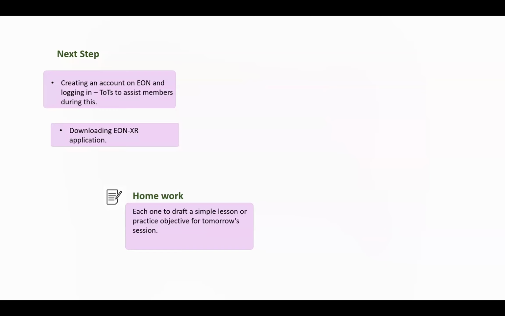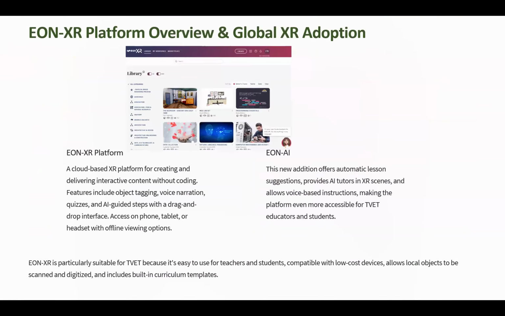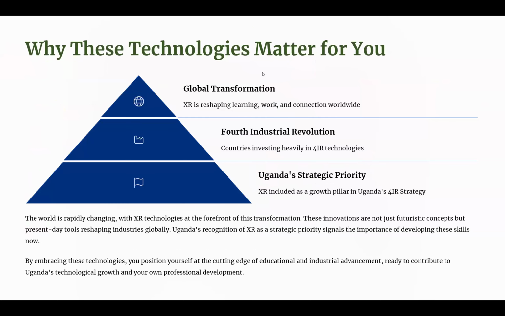Maybe just to add on that, EON is a company by name, which provides the AVR assets. But within EON, there are other different assets like the platform, which my colleague Flavia is explaining about, EON-XR. That's the platform itself. It's not an abbreviation.